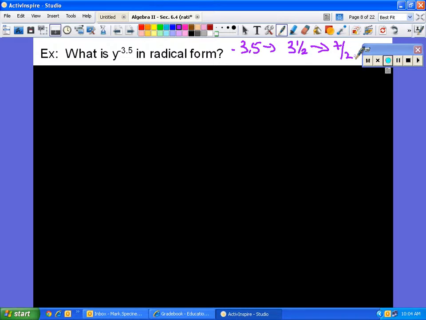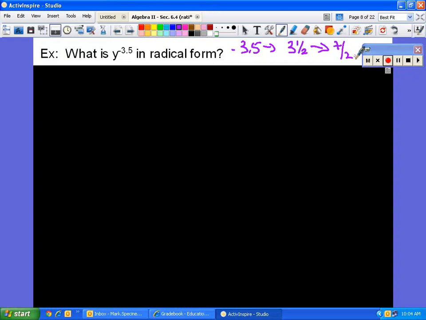Turn your decimal into an improper fraction, or I guess this is a mixed number, I should say. To turn a mixed number into a fraction, multiply the whole number by the denominator. That's 3 times 2 is 6. 6 plus 1 makes 7. I ignored the negative sign for a minute.